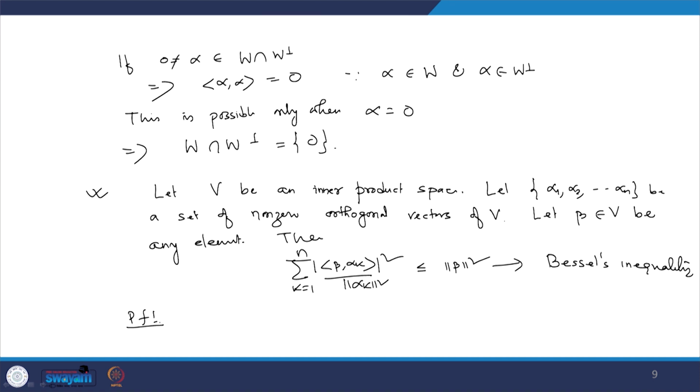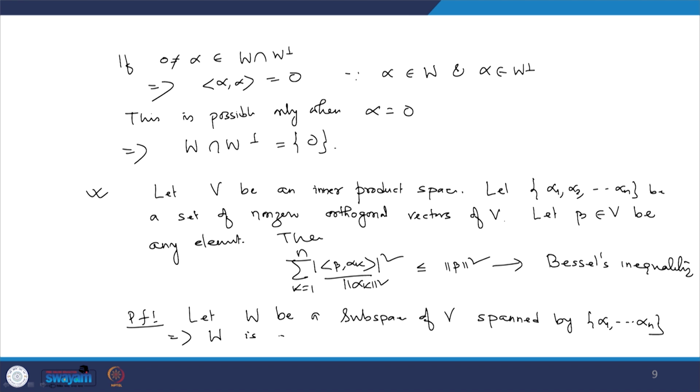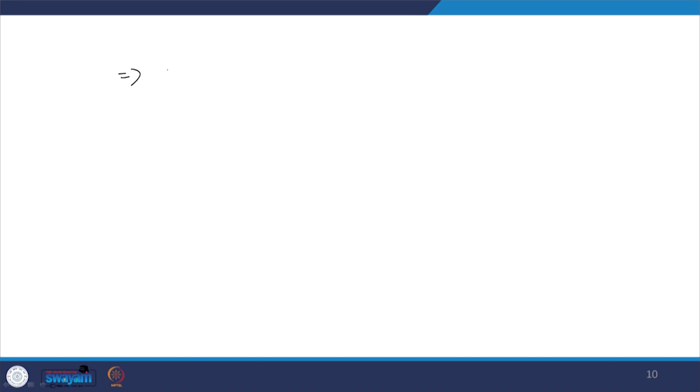How? The proof is again straightforward. Let W be the subspace of V spanned by the given orthogonal vectors alpha 1 to alpha n. So, W is a finite dimensional subspace of V. This implies V can be written as the direct sum of W and W complement.